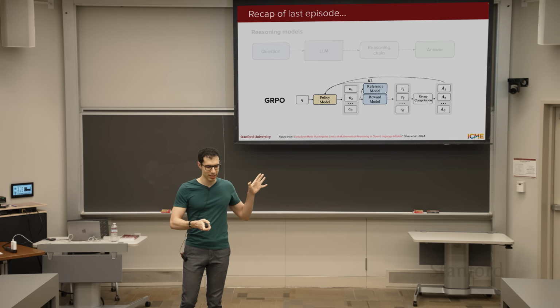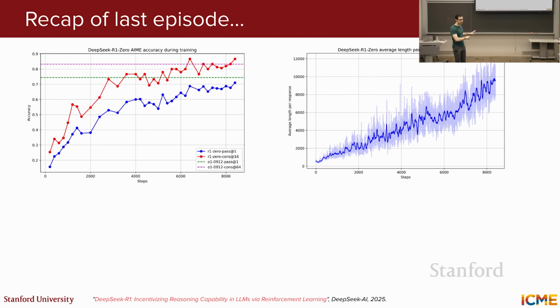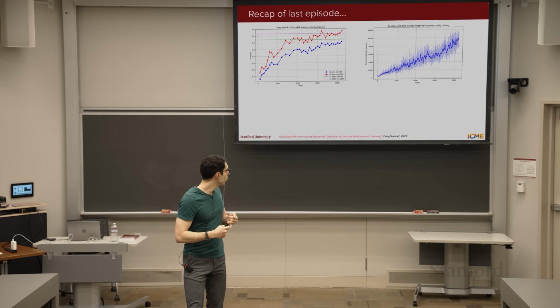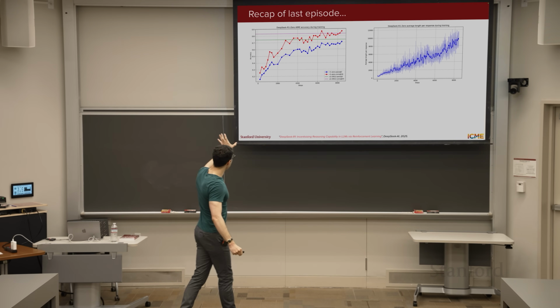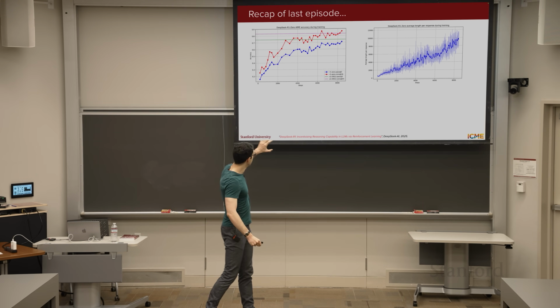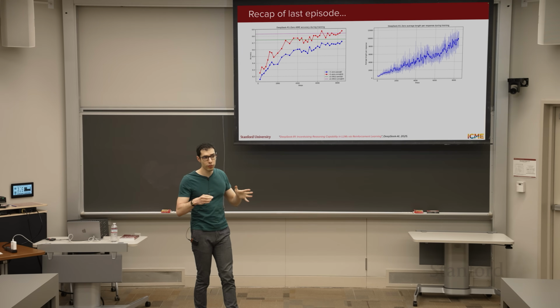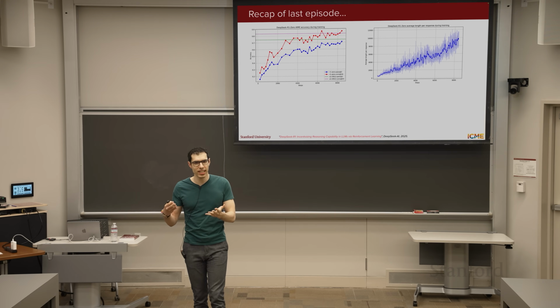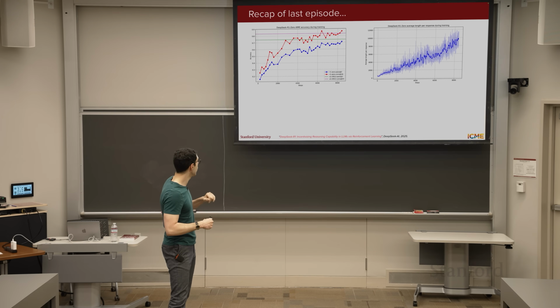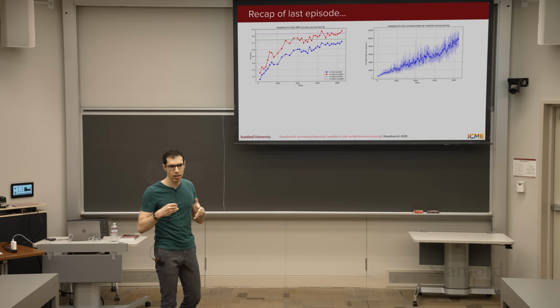And then we saw that if we applied GRPO with carefully chosen rewards, which is one, rewarding the model for outputting a reasoning chain, and second, rewarding the model for producing a good response, then as the RL training progresses, we have an improvement of the model on these reasoning tasks. One of the tasks was math problems.